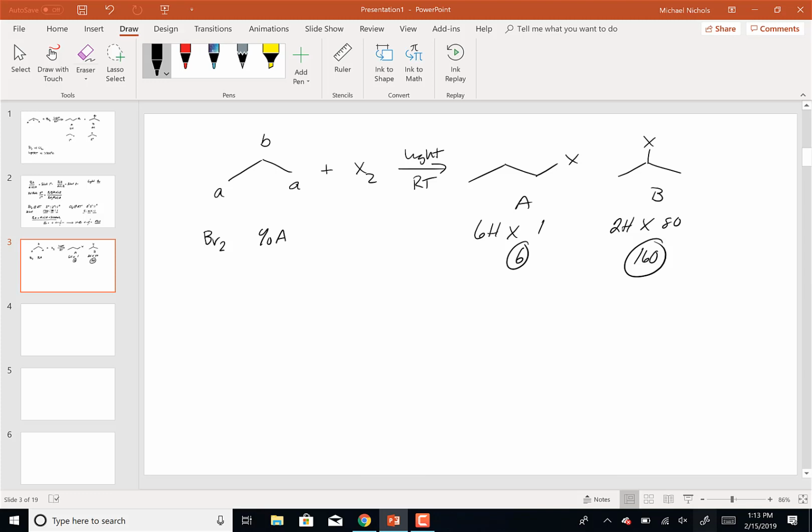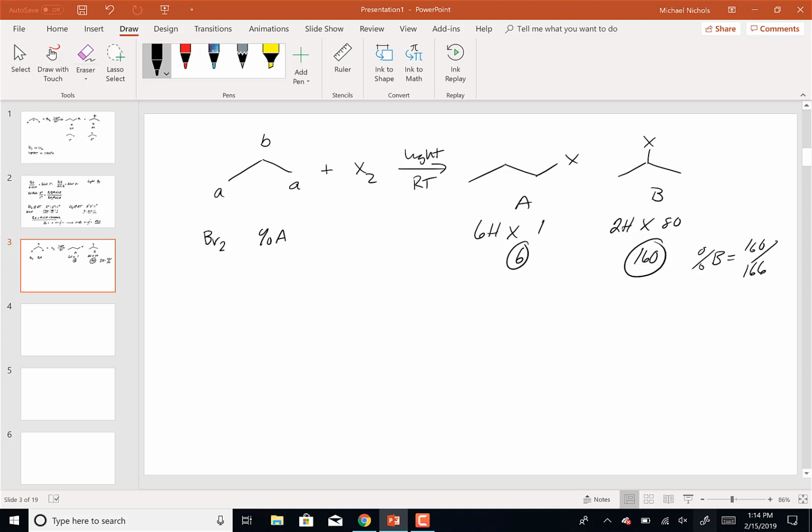All right, so which one's the major product? B. What's the percentage of B? Well, if I asked you to calculate the percentage of B, it would equal 160 over 166, just like GCs in lab.